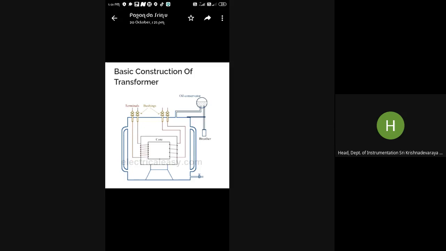The sheets are cut in the shape of E and I and L to avoid high reluctance at joints. Laminations are stacked by alternating the sides of the joint. That is, if the joints of the first sheets assembled are at the front face, the joints of the following assembly are kept at the back face.